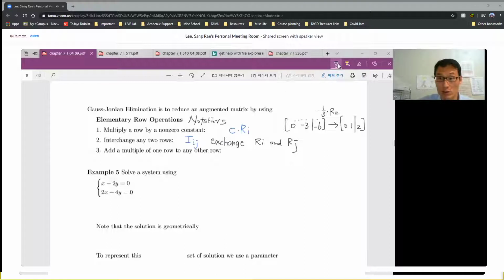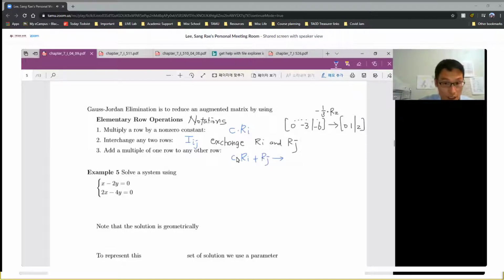So the notation is C times Ri, you add this to the jth row, and then you can, well, depending on your textbook or web resources, they use this notation, but I prefer even more information. So I prefer this notation.